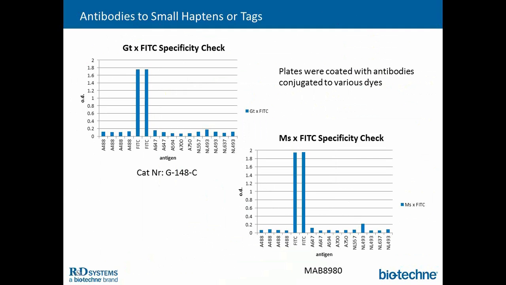In this case, we coated the plates with multiple antibodies conjugated to various dyes. And none of the other dye conjugates were cross-reacting with our anti-FITC antibodies. So this is one example of how we would test more compound-related, hapten-related antibodies compared to a more traditional protein target. Just to give you an example of what that could look like, it is obviously completely driven by the compound target.